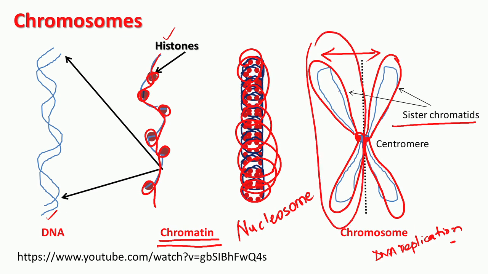And these sister chromatids, right after DNA replication, will be held together at a central point by a structure called the centromere. Now, this is a very important structure. We will come back to this when we are talking about cell division and why it becomes very important.